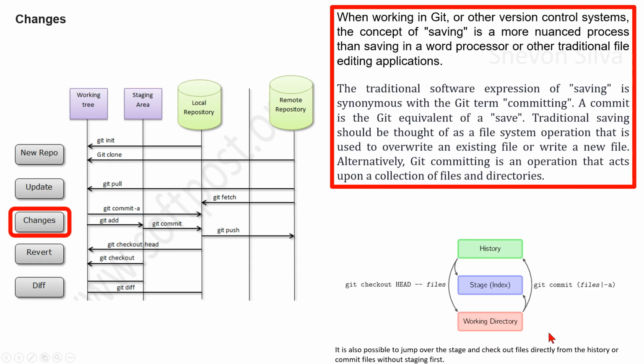Here you can see it is possible to jump over the stage and check out files directly from the history or commit files without staging first. Git commit -a is equivalent to running git add on all file names that existed in the latest commit and then running git commit.